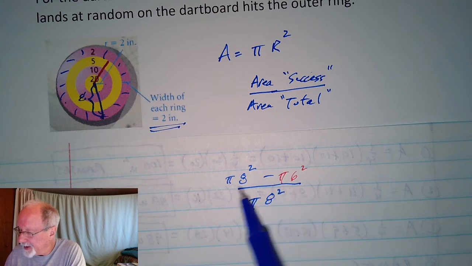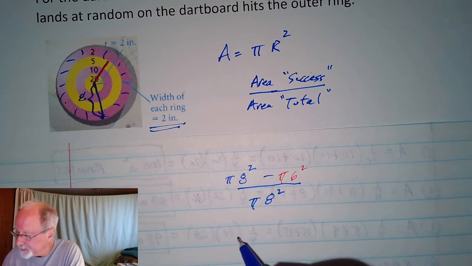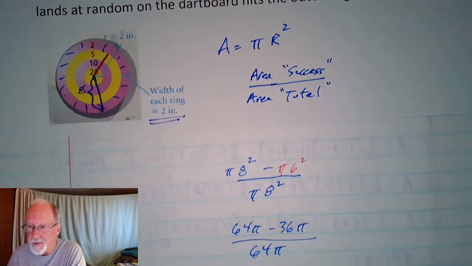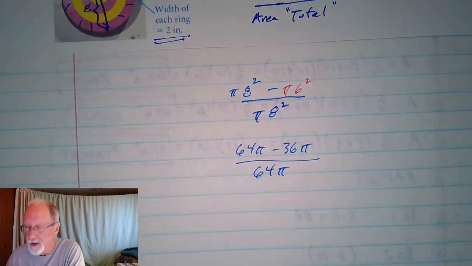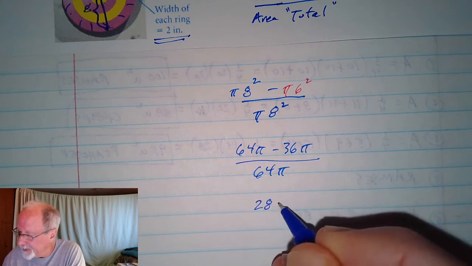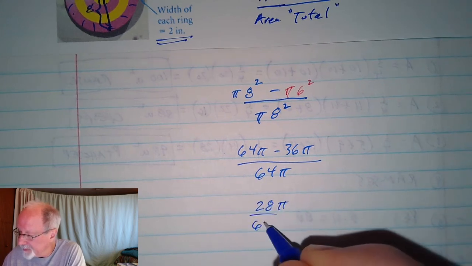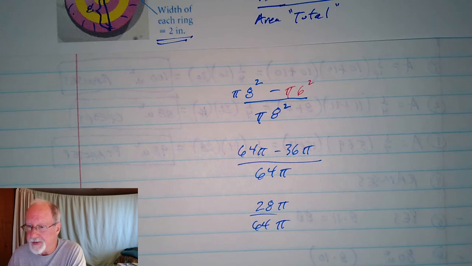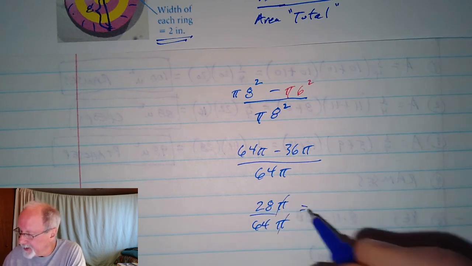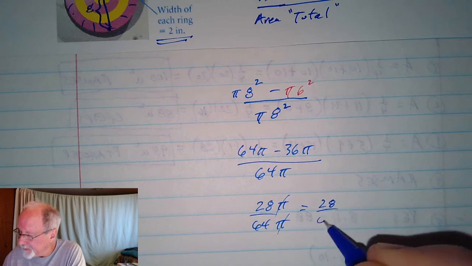Now I'm not going to get decimals for this. Instead, I'm just going to simplify these to 64 pi, subtract 36 pi, all over 64 pi. I can subtract like terms here, so that gives me 28 pi's divided by 64 pi's. The pi's cross out now, and I get 28 64ths.